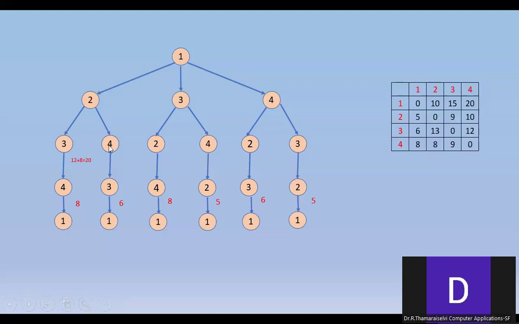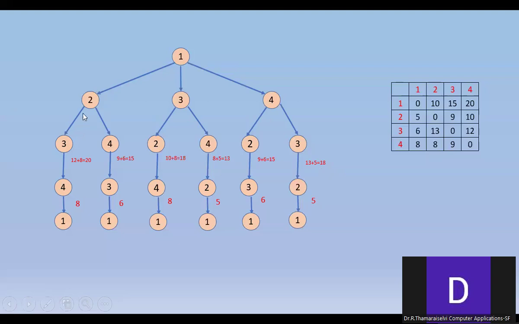And here 4 to 3 is 9. So 9 plus 6 is 15. Similarly 2 to 4 is 10, 10 plus 8 is 18. 4 to 2 is 8, so 8 plus 5 is 13. And 3 to 2 is 13, 13 plus 5 is 18.